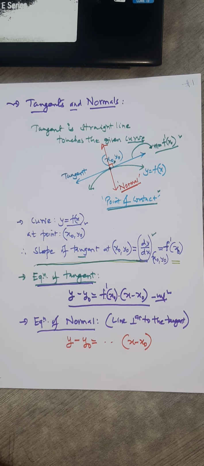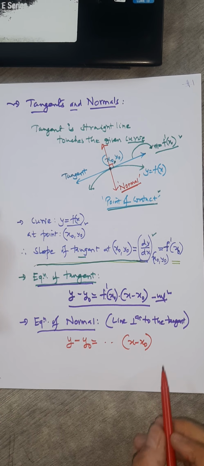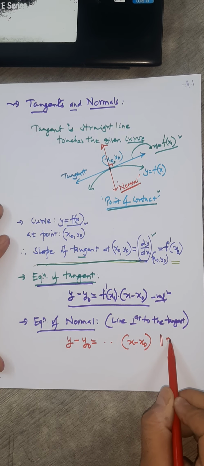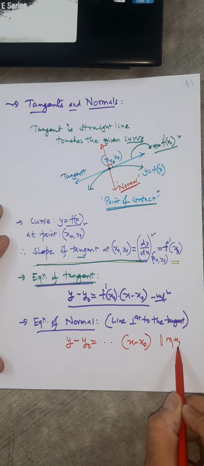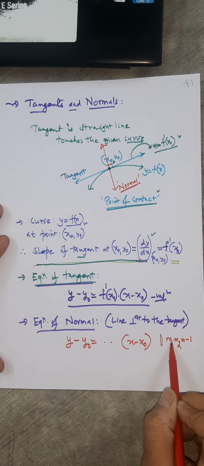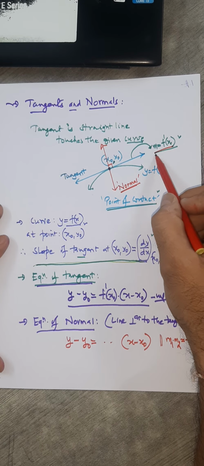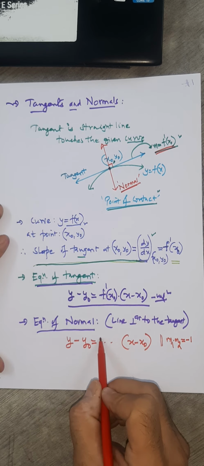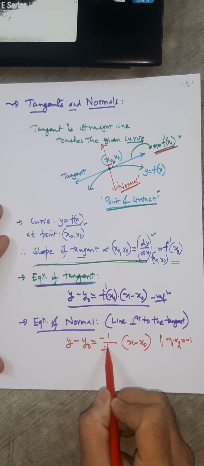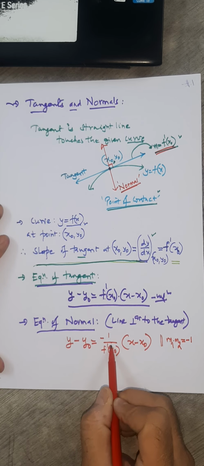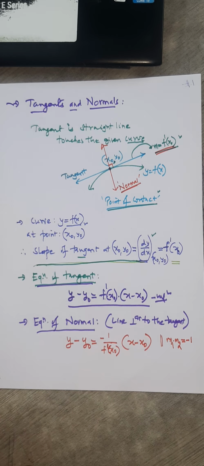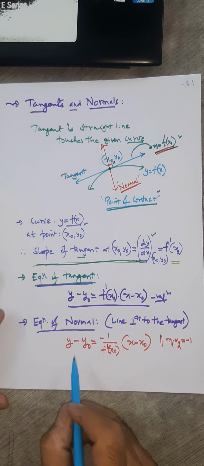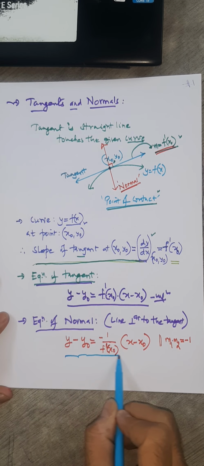If two lines are perpendicular to each other, then what about the product of the slopes? If you remember, m1 into m2 equals minus 1. m1 is the slope of the tangent, so what is m2, the slope of the normal? It will go down, so minus 1 upon f dash x0. This is nothing but the equation of the normal.